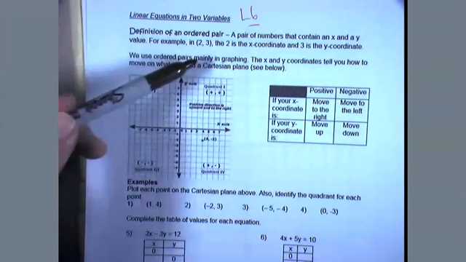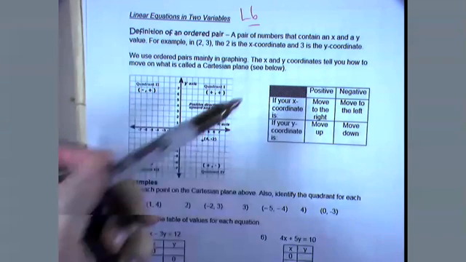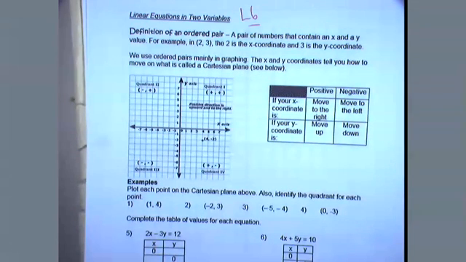For example, in the ordered pair (2, 3), the 2 is the x-coordinate and 3 is the y-coordinate. And as I mentioned, we use ordered pairs mainly in graphing lines and later on other types of equations. The x and y coordinates tell you how to move on the Cartesian plane.